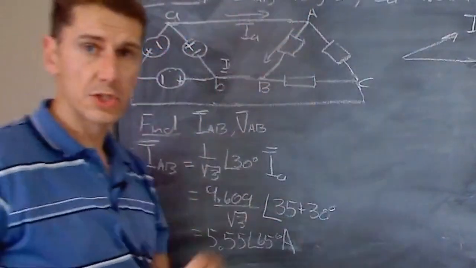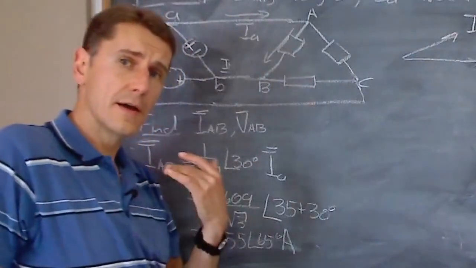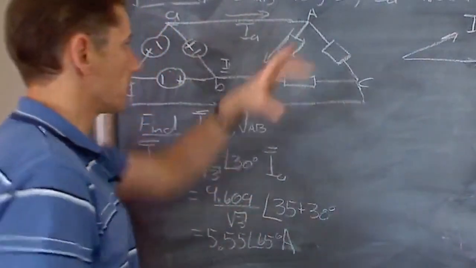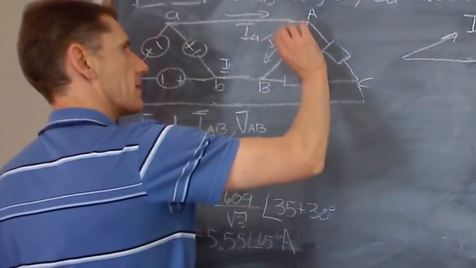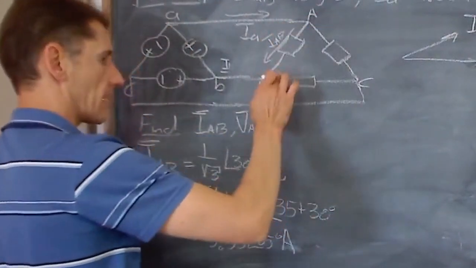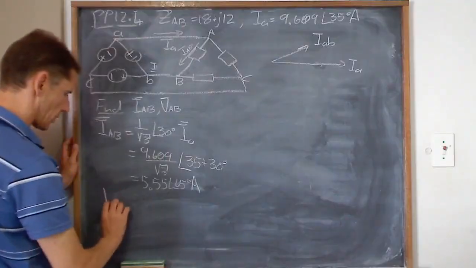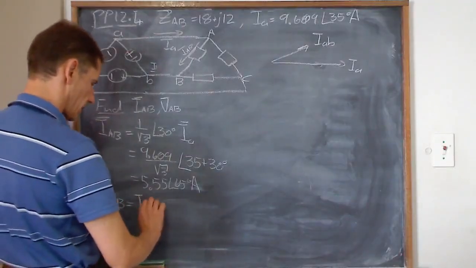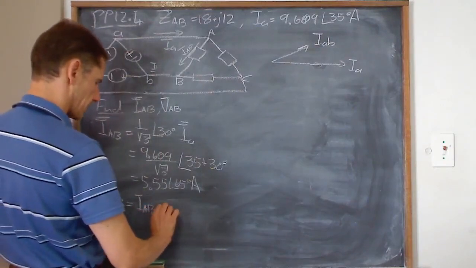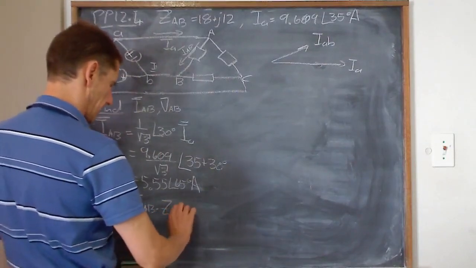Now, if you want the voltage across an impedance, you need the current flowing through the impedance. So I already have this IAB flowing through that impedance. So the quickest way is going to be VAB equals IAB times ZAB.